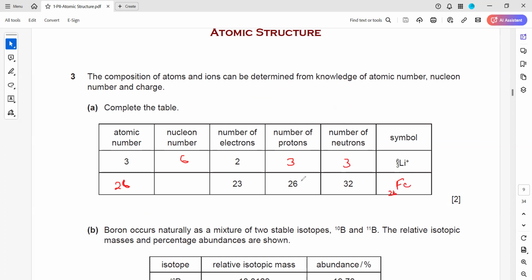What about the nucleon number, the sum? 32 plus 26 gives 58, so the nucleon number is 58. Is it charged or uncharged? How to identify? 23 electrons are there and 26 protons, so 3 extra protons are there. It means it will be a charge of 3 plus.